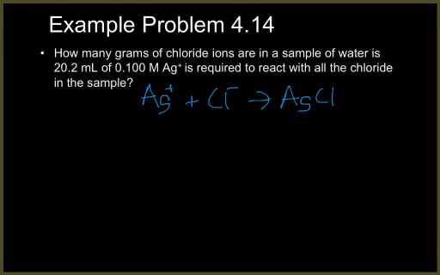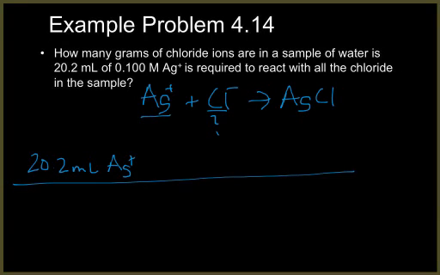So for this particular one, we're looking for how many grams of chloride ions are in this sample. So just like before, we're going to start with our known volume and our known molarity. So I have 20.2 milliliters of silver, and we're still going to look at the relationship between those two. So first step is to get rid of that milliliters.